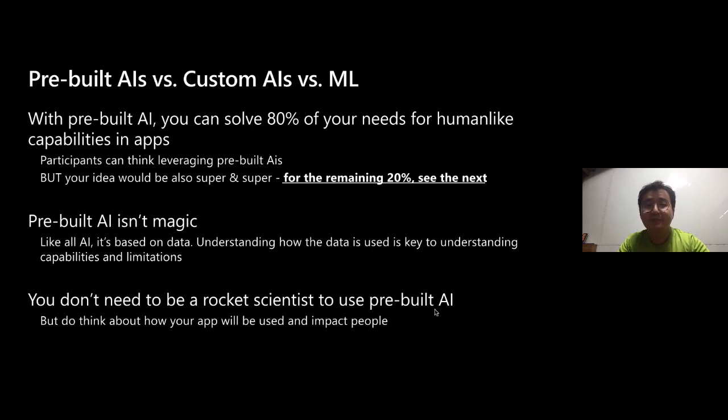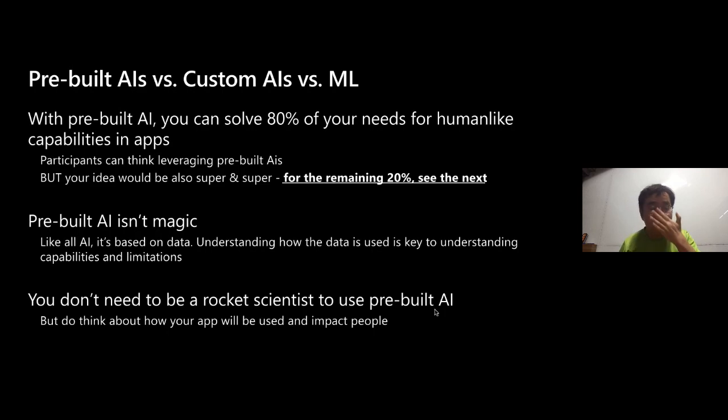So participants can think about how to leverage pre-built AIs, but I really expect your great ideas, so please do not limit yourself to just leveraging pre-built AIs. If you have great prior knowledge of AIs, and you can develop even better AIs using your own algorithms, using your own or more data, then you can also focus on the 20%.